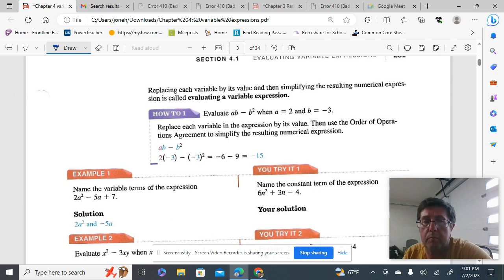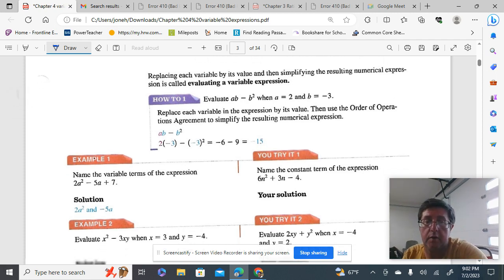So now, replacing each variable by its value and then simplifying the resulting numerical expression is called evaluating a variable expression.